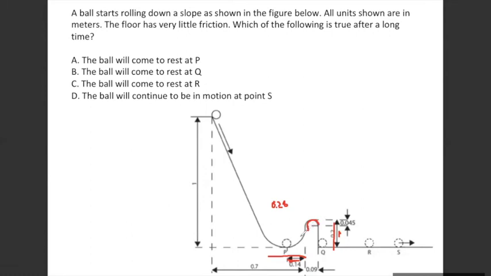So because of this curvature, there's a possibility that even if there is enough inertia left in that ball, the ball might just roll over and come back in this direction. Why? Because this curve very slightly goes out and then it takes a bend.